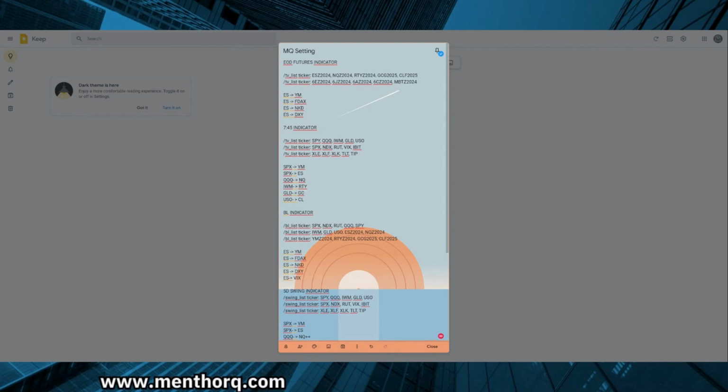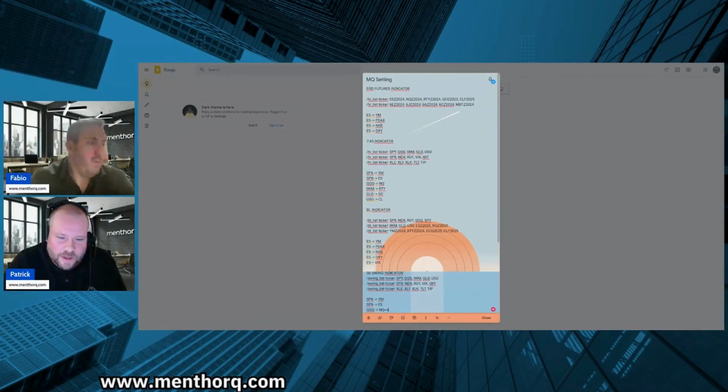For me, I'm a professional trader working with investors, as everybody knows, and I need more power from MenthorQ because I monitor more futures. So I first thought about how I can build a strategy for the MenthorQ levels. What I need is the end of the day futures levels, the normal futures levels we get. So this is my first indicator.